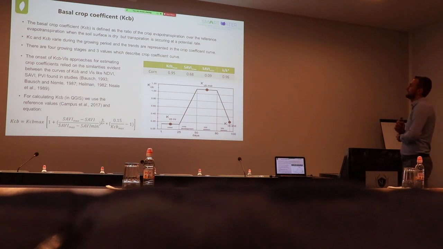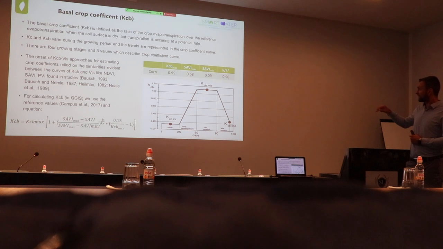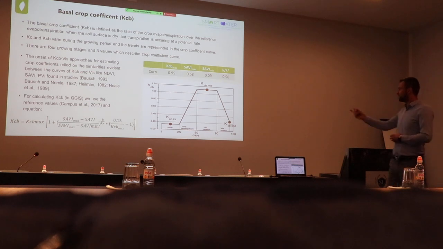This coefficient is defined as the ratio of crop evapotranspiration over the reference evapotranspiration when the soil surface is totally dry, and this coefficient varies during the growing period, and it is represented in the crop coefficient curve that you can see in the pictures.